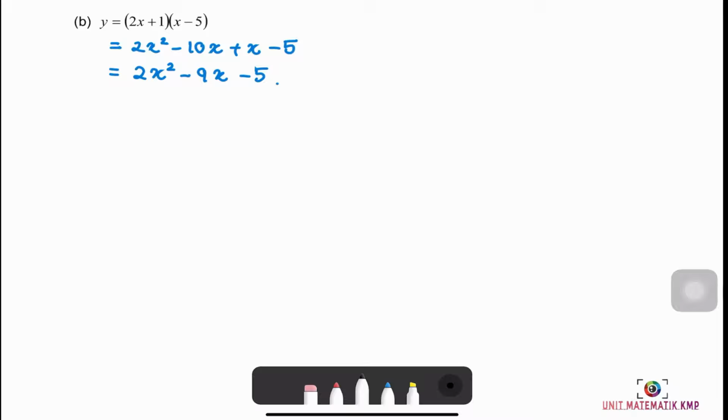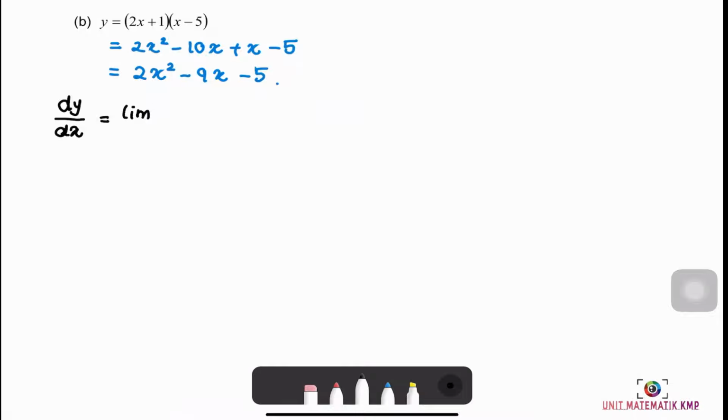Since we have this one, we apply the first principle. In this case we can write dy over dx. So we will have the limit, right? So be careful with the substitution.